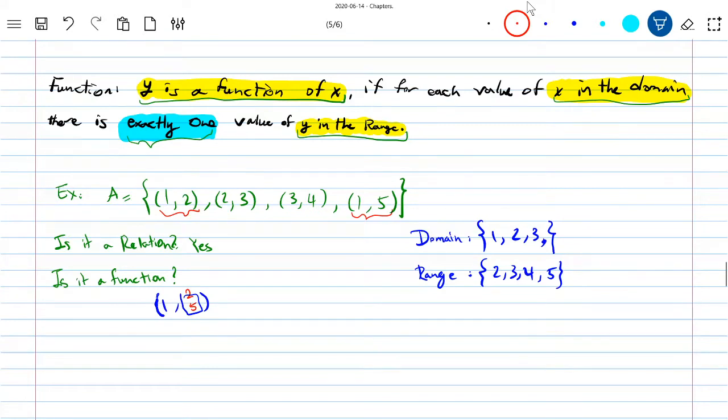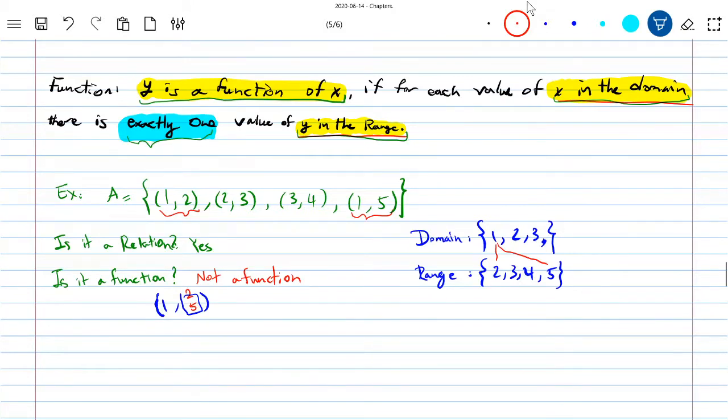You cannot have both. So this A cannot be a function, not a function, since there are two options to fill in for the y value. For every x that you pick in the domain, you should have exactly one y value in the range, not more than that. If I pick 1 in the domain, there turn out to be 2 different values, 2 and 5 in the range.